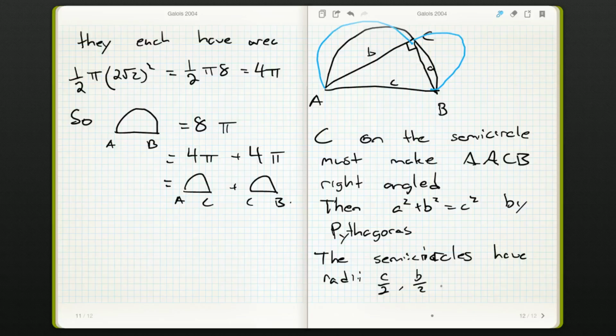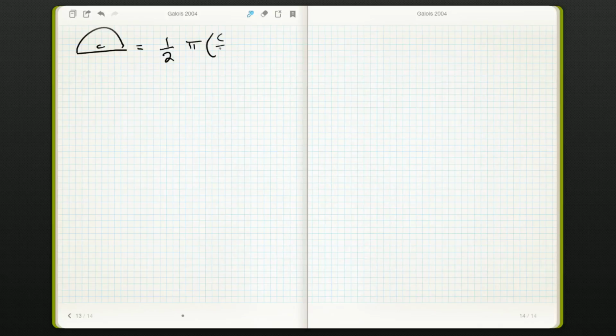Then we've got b by 2 and a by 2. So now, if I have the radii of these semicircles, their areas, the area of this one is 1/2 pi my radius squared. And that's going to be 1/2 pi. The 2 squared on the bottom becomes a 4, and we get a c squared on top, so this will be 1/8 pi c squared.